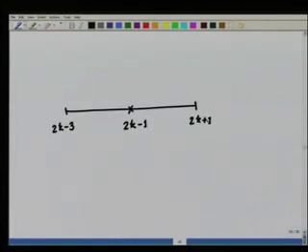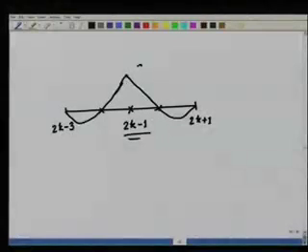I am talking of the equation corresponding to this function, which is phi 2k minus 1. Which of the phi's are going to contribute to the equation corresponding to this? Certainly it is going to be this phi.